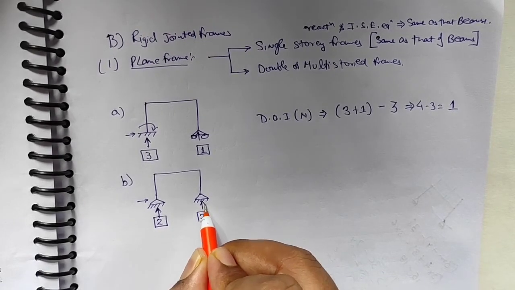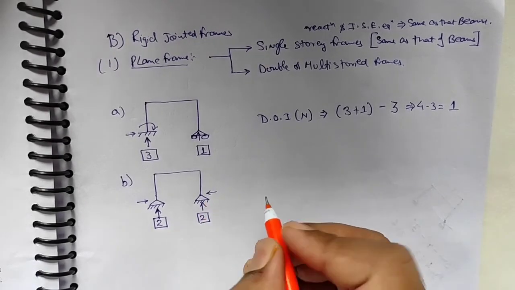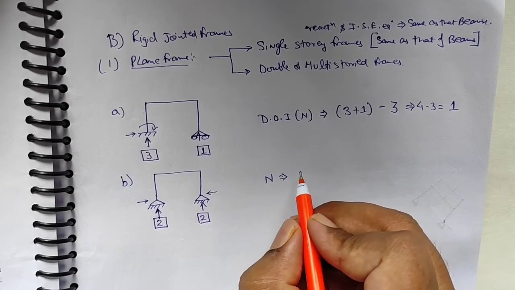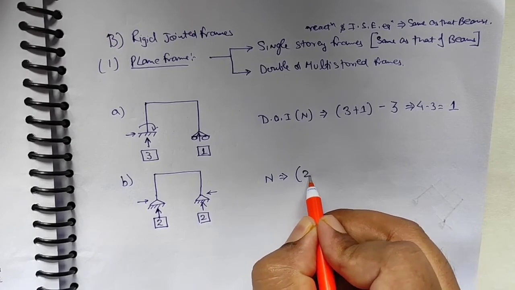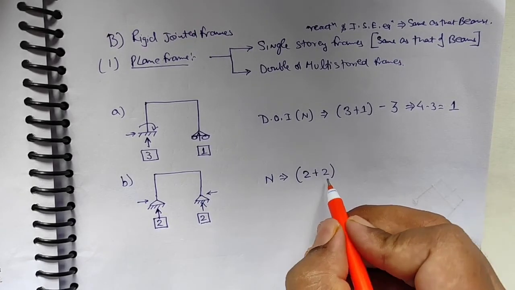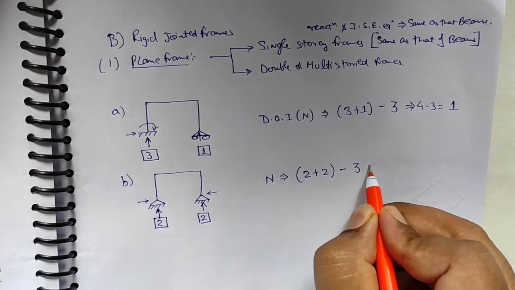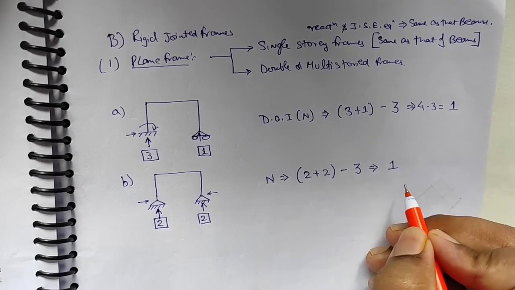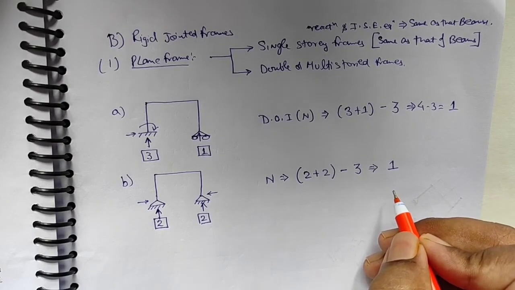Then my degree of indeterminacy in such a condition will be the sum of 2 plus 2, that is unknown reactions, minus equilibrium equations, that will be equal to 1. 4 minus 3, 1.